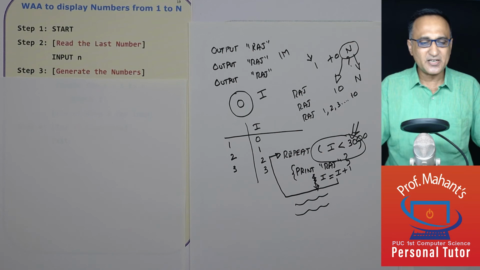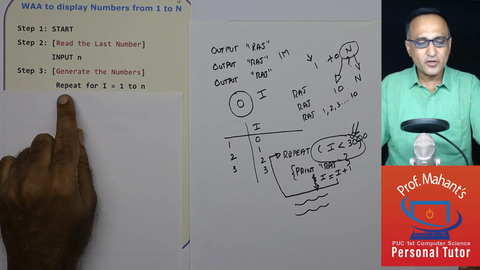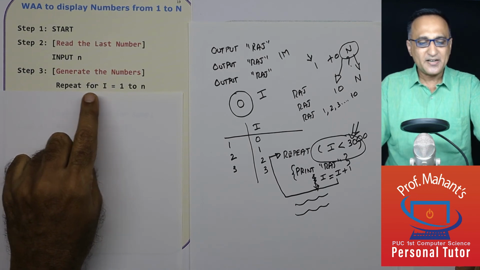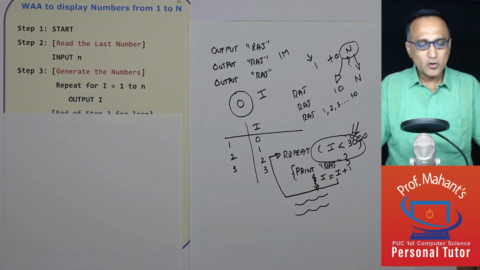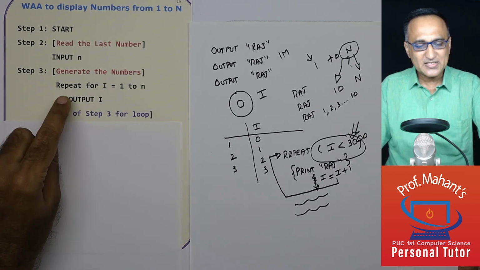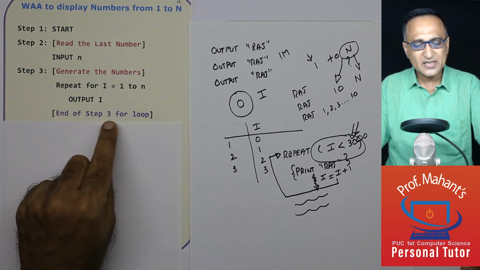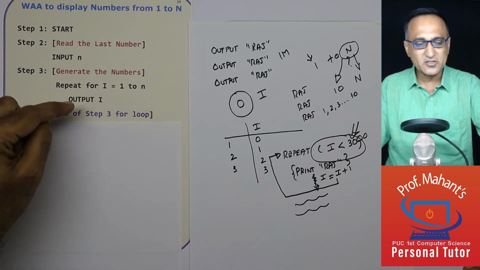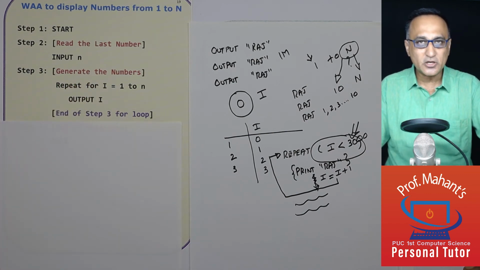The first construct is the repeat for. So wherever you see this repeat for, it is going to execute whatever is after this repeat for and before this end of for loop. Whatever number of statements are here, it is going to execute multiple times. That means it's going to keep repeating the logic again and again.